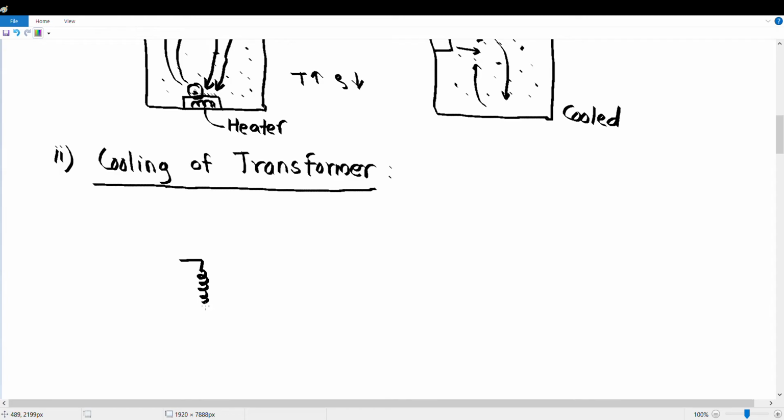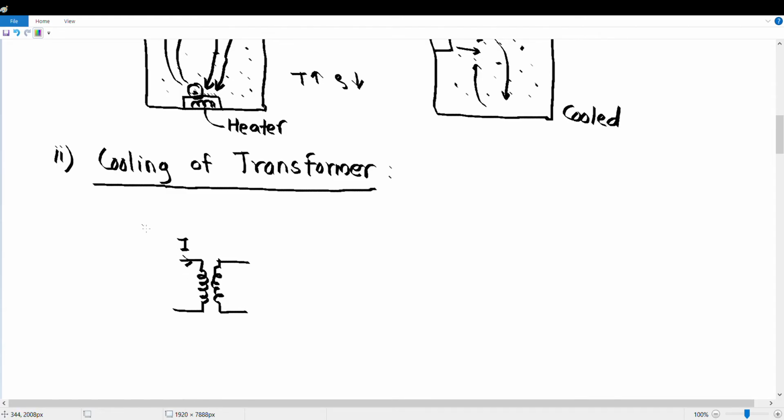They are known as the primary coil and the secondary coil. When electric current passes through these coils, they get heated, and if this current passes for a large interval of time, then the temperature of the coil increases.